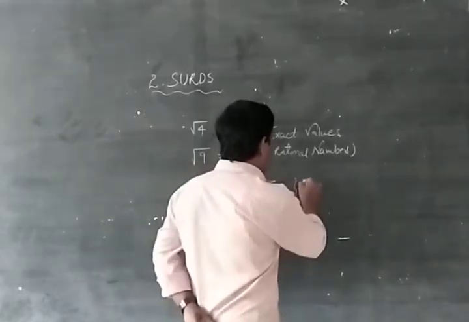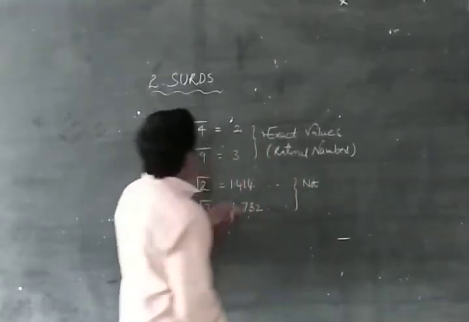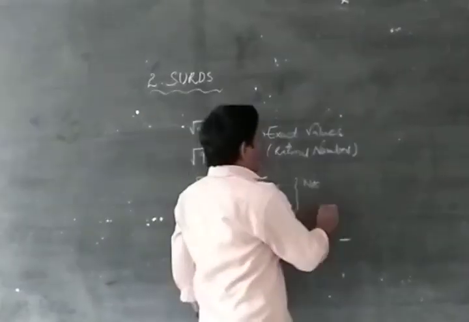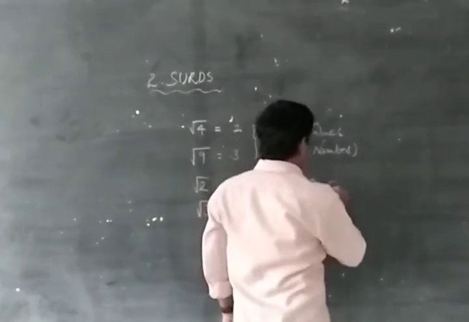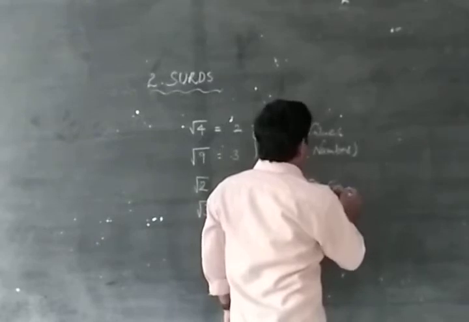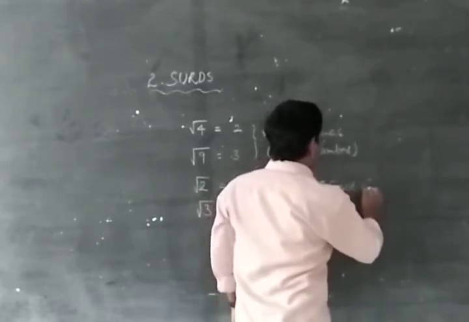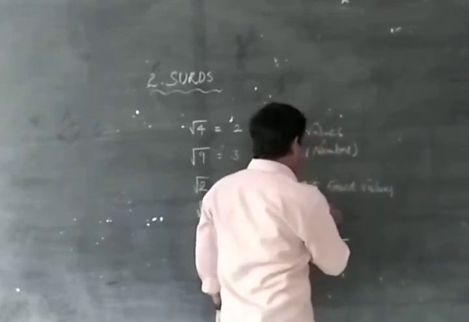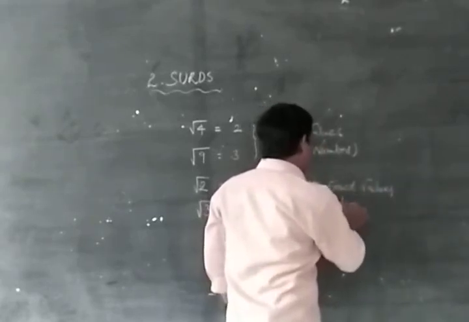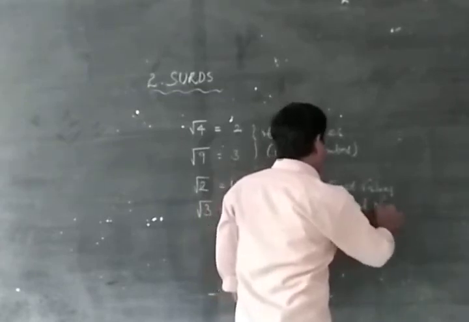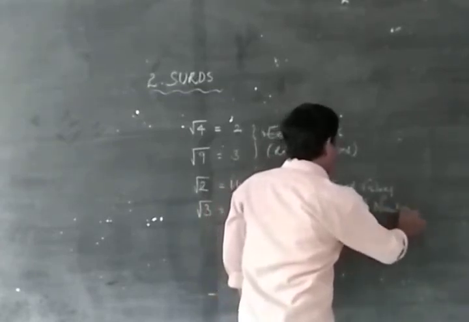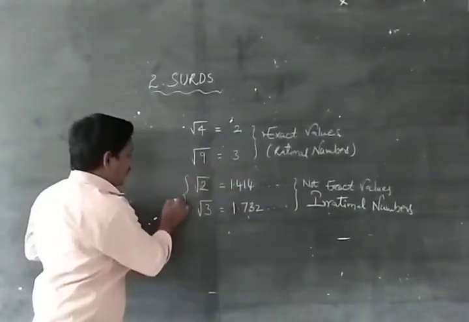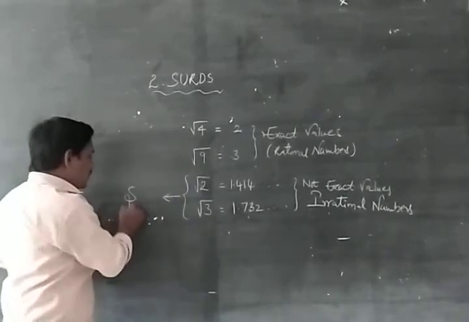These are not exact. 2 and 3 are exact values and rational numbers. These are not exact values, and irrational numbers. So these are called surds.